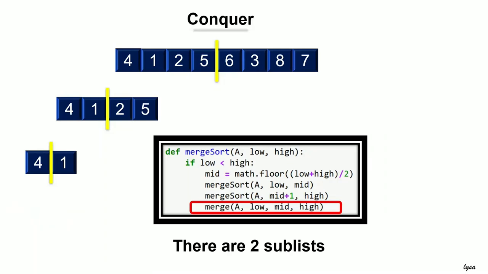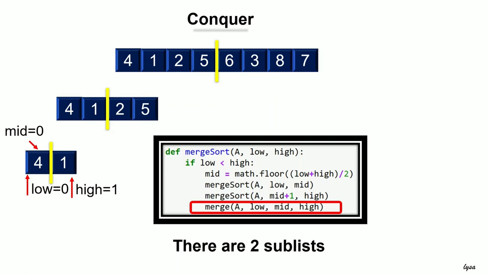After I return to the parent, now it is merge sort where the value of low is 0, the value of high is 1, and the value of mid is 0. Merge is a function which takes two sublists, one from low to mid and another from mid plus 1 to high.